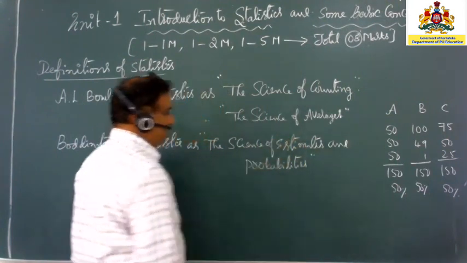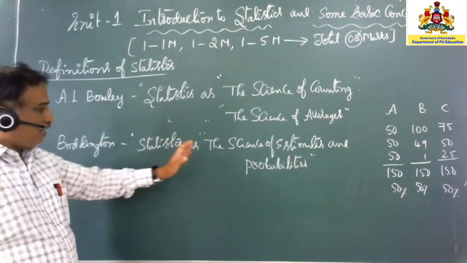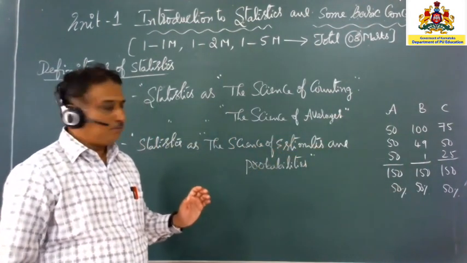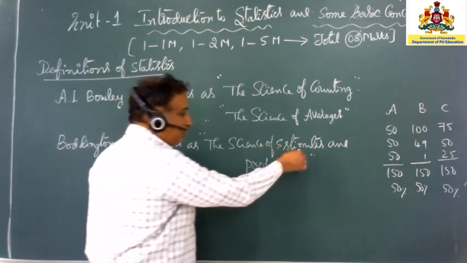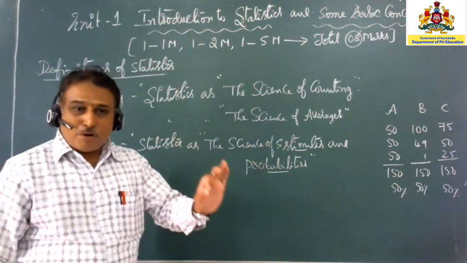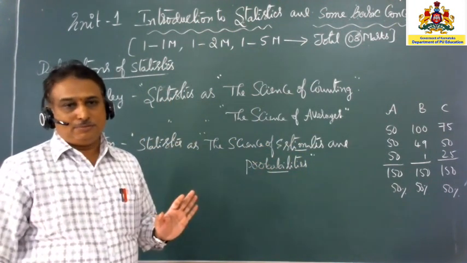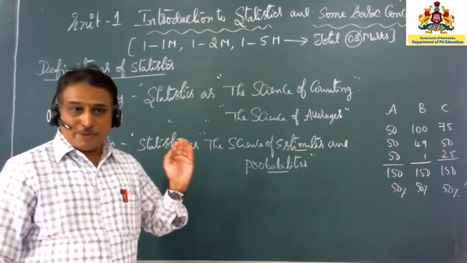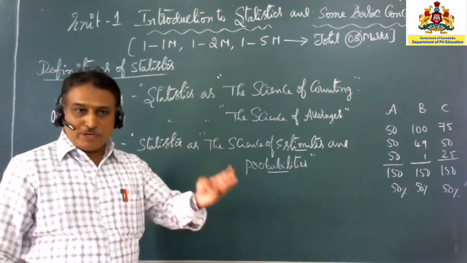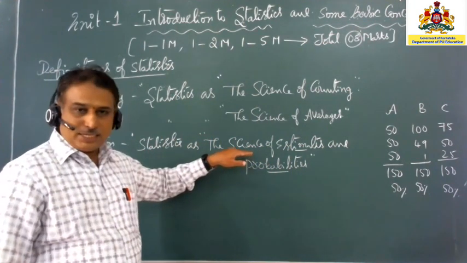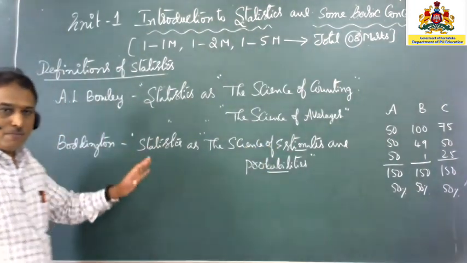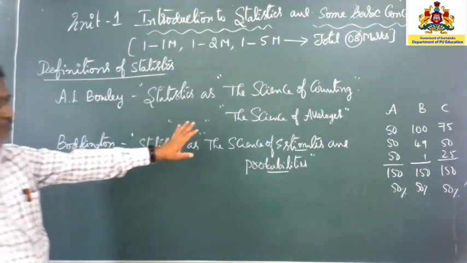But estimates and probabilities are only a part of statistics. It is also not complete. Why? Because in mathematics, algebra is one part, arithmetic is one part, geometry is one part. Like that, estimation and probabilities are only a part of statistics. But all these definitions are acceptable.